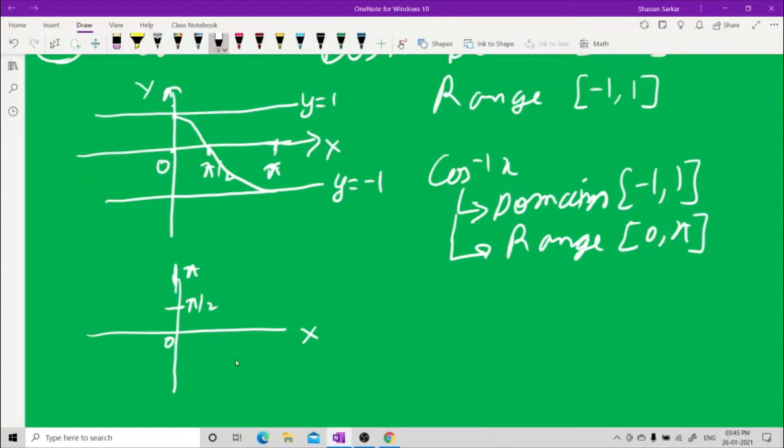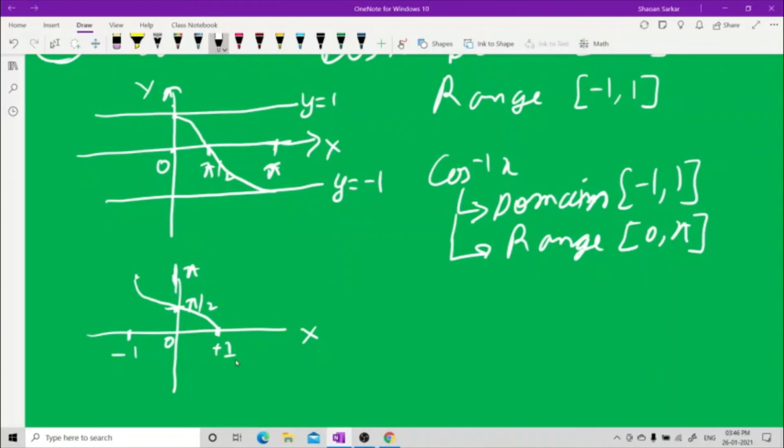And this is my -1, and this is my +1. At pi it is -1, start from here. At pi by 2 it is 0, and at 0 it is 1. So my graph would be coming like this.